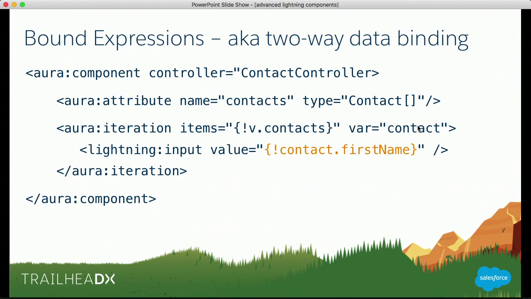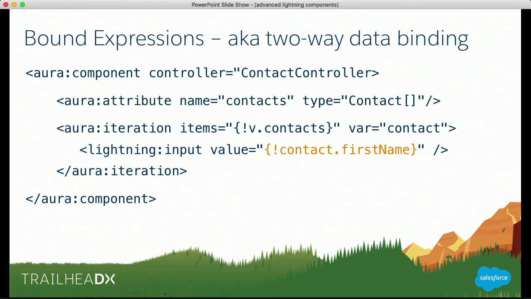The specific contact. If the model changes, if the contact changes, the input field is going to change automatically. So that's one way. And the other way is if you change the value in the input field, the model is going to change automatically. So in other words, contact is going to change automatically.